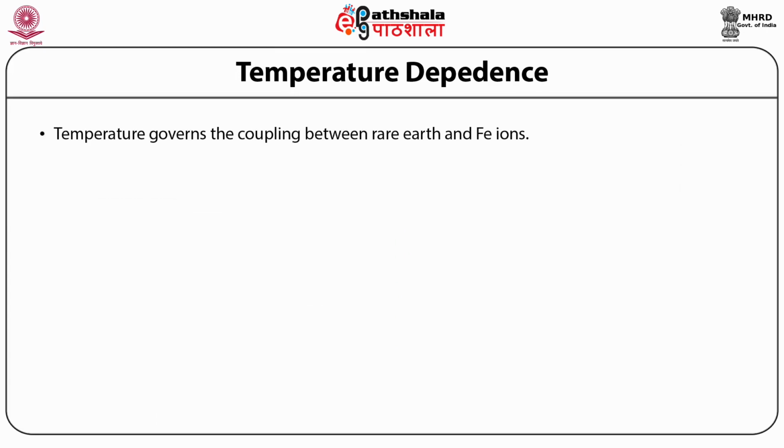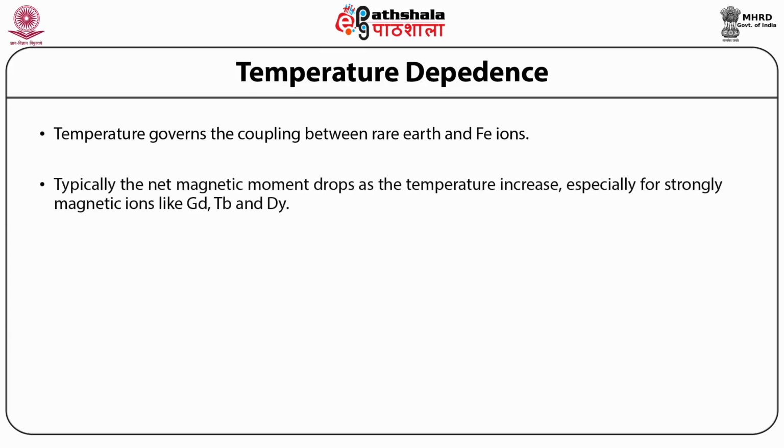Temperature governs the coupling between the rare earth and the iron ions. Typically, the net magnetic moment drops as the temperature increases, especially for strongly magnetic ions like Gd, Tb, and Dy.